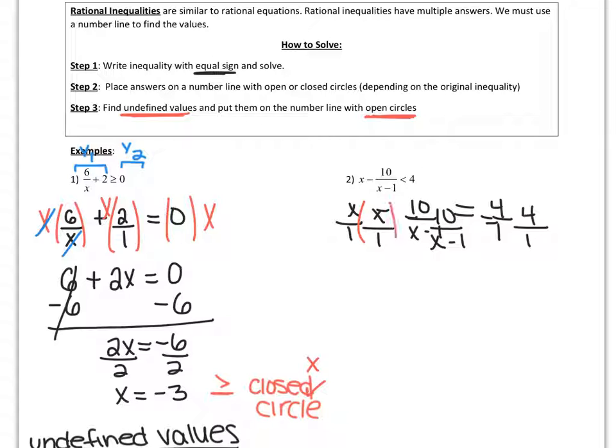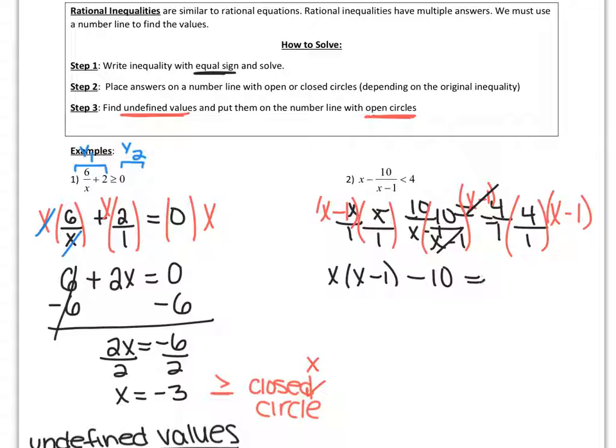So I'm going to multiply each piece by x minus 1. So starting off on the left-hand side, it's just x times x minus 1. These cancel. And then 4 times x minus 1.